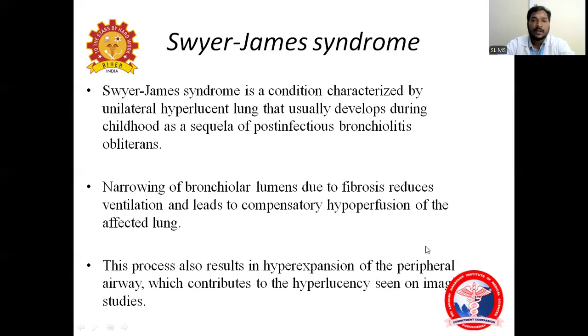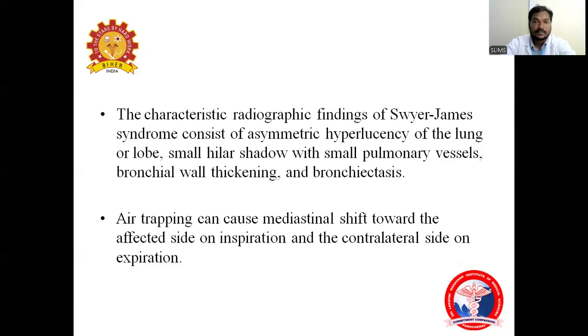This causes narrowing of the bronchiolar lumen due to fibrosis, which reduces the ventilation and leads to compensatory hypoperfusion of the affected lung. This process also results in hyperexpansion of the peripheral airway, which contributes to the hyperlucency seen on imaging.